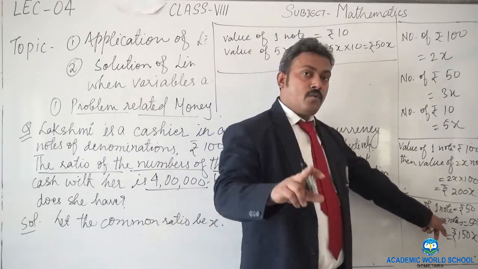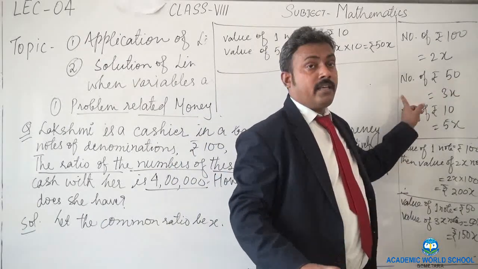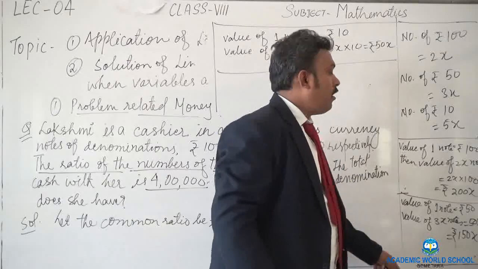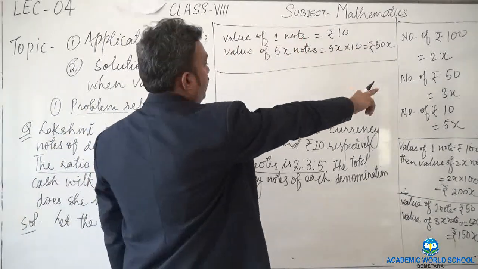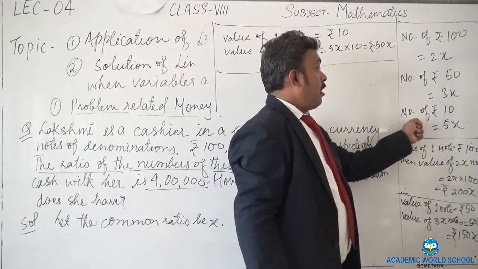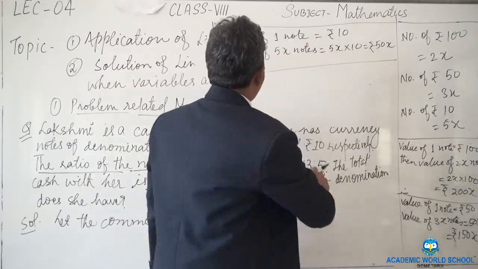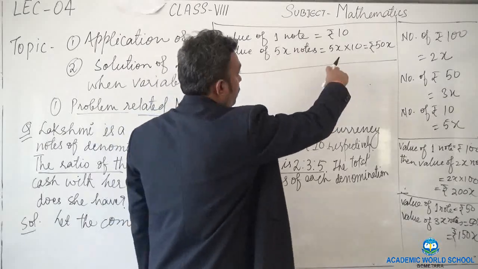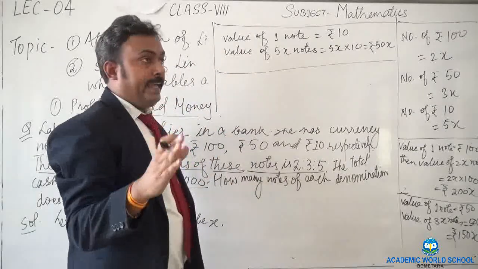Same way, the value of one note is rupees 50, and there are 3x notes. So 50 into 3x will be equal to 150x. Here the value of one note is 10 rupees, and there are 5x. So 5x into 10 will be rupees 50x.